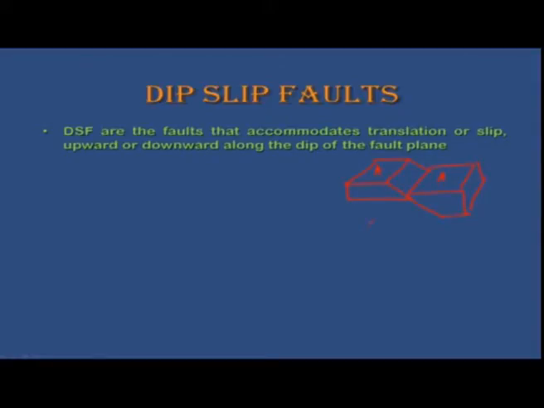Another one, if you look at, for example, we have a block here. So here what you see is that this block has moved up with respect to this one.